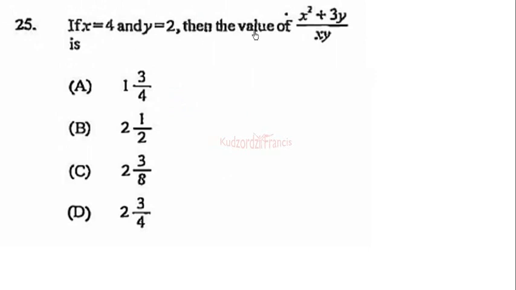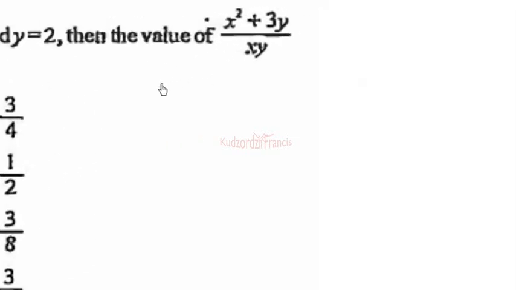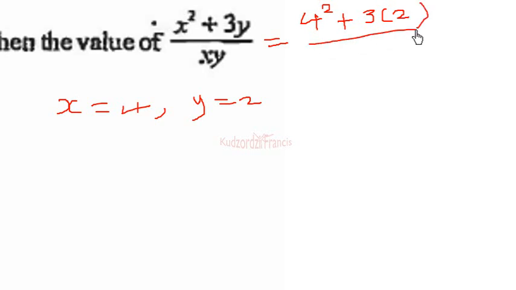25. If x equal 4 and y equal 2, we want to evaluate this expression. So we substitute to get 4 squared plus 3y all over, so the y is 2, so 3 times 2, then all over 4 times 2.